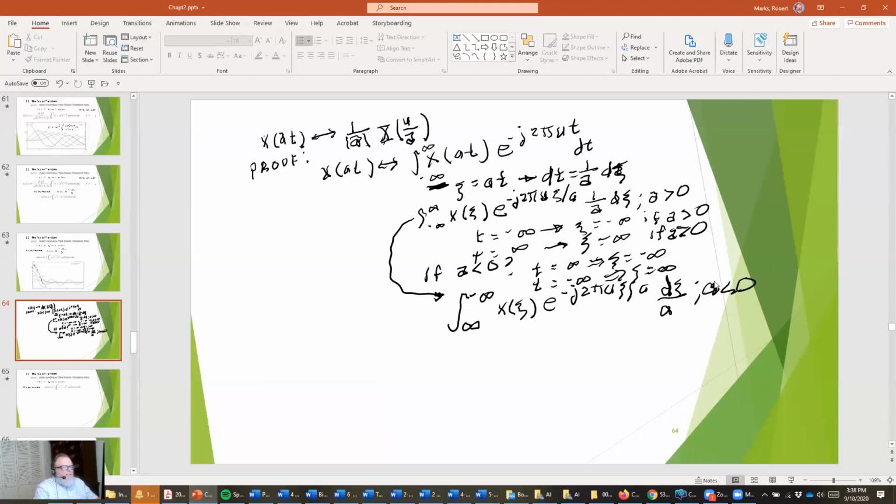If a is less than 0, then the integration limits get flipped around. But if you recall, we can flip integration limits around if we take minus the result. And I'm not going to copy everything else down. I'm just going to do this.